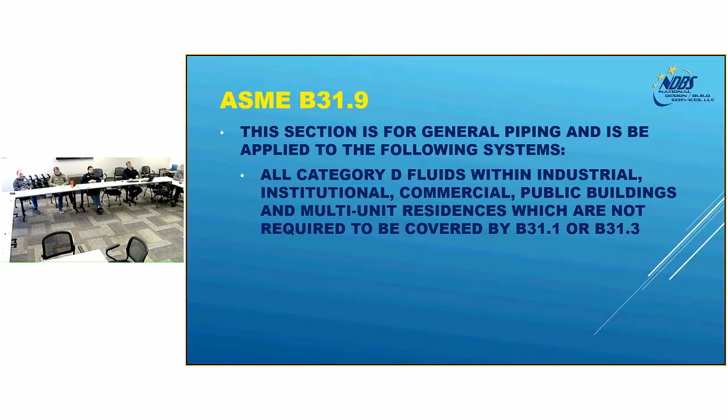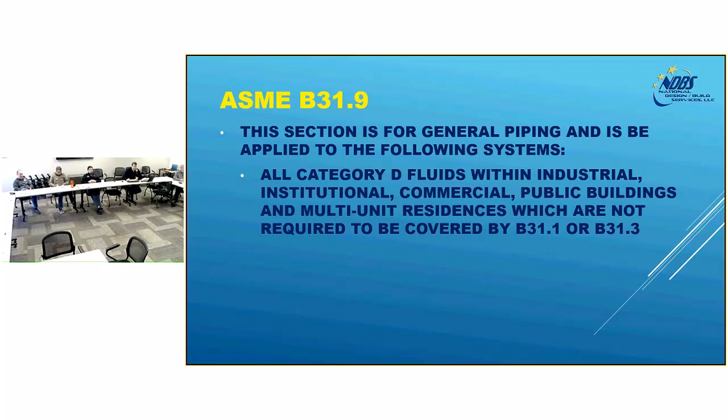All right, so now we're going to talk about what we normally deal with. Category D or B31.9 fluids. So this is going to be all your category D fluids. And again, they can exist within a pharmaceutical or manufacturing facility unless the engineer or the owner requires it meet B31.3, and we can follow B31.9.